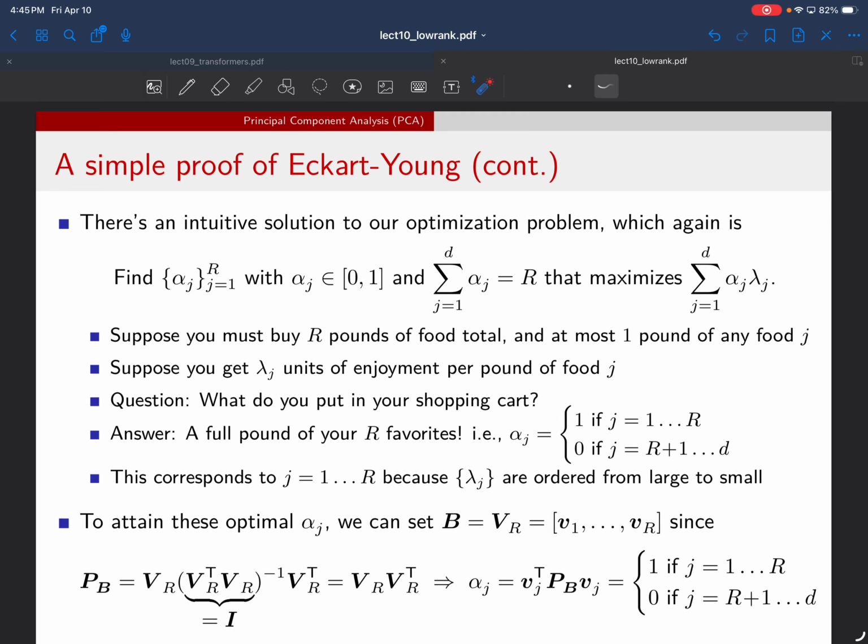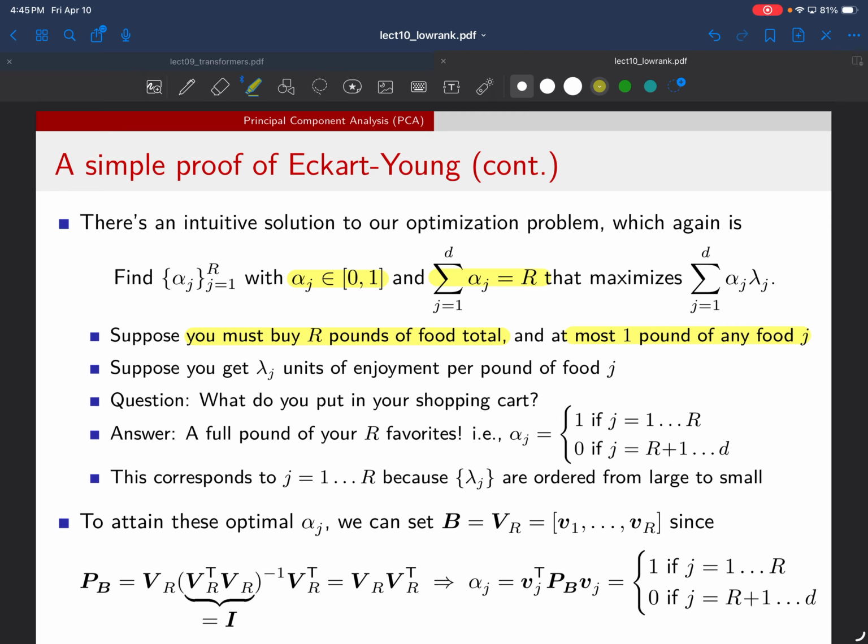So let's say you're going to the store and you must buy R pounds of food total. Basically alpha j is the weight of the jth food that you will buy. So you have to buy R pounds total, and for each food, you can buy between 0 and 1 pounds. Maybe the store only has 1 pound of every food, so that's the most you can buy.